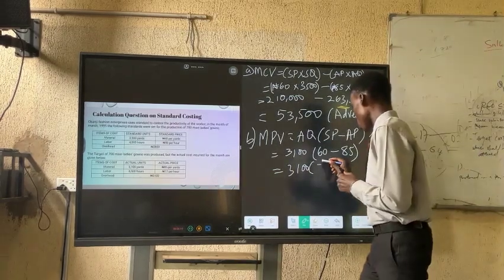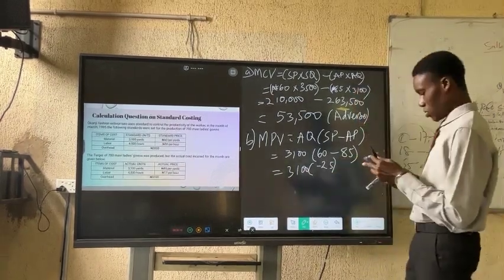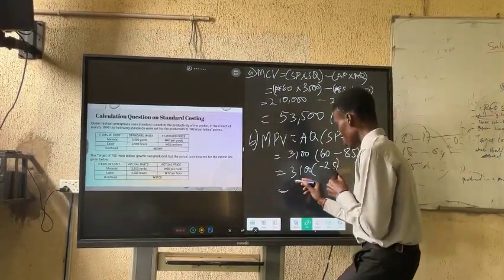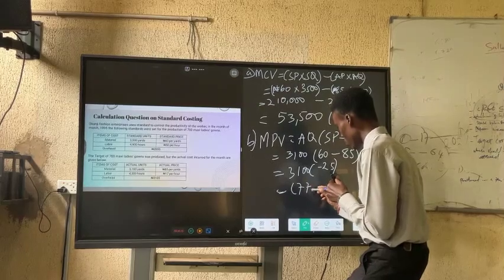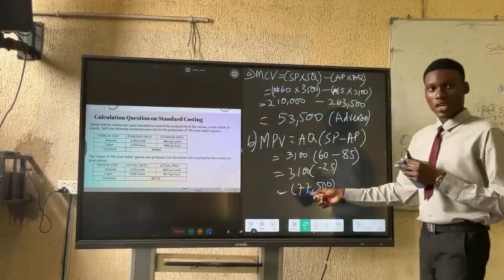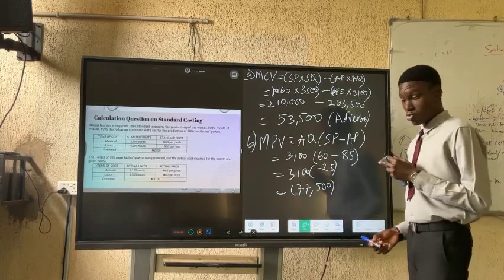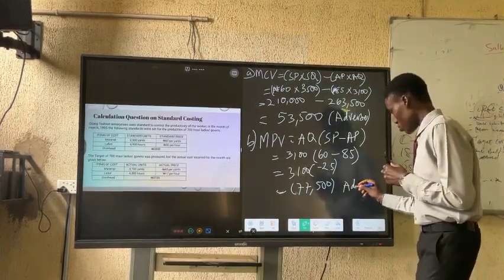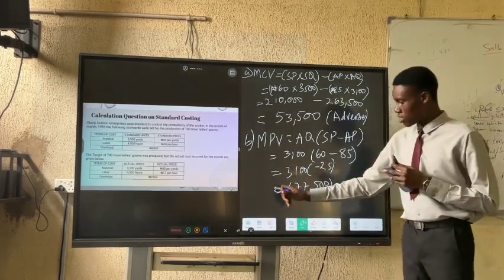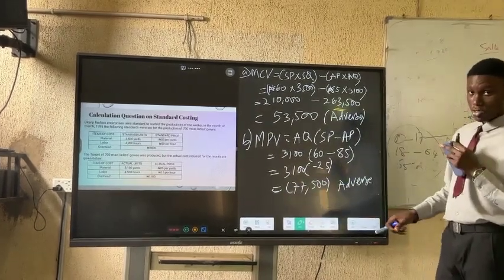That's minus 25. And when you multiply it together, it will give you minus 77,500. Since this is a negative value, it is also going to be adverse.